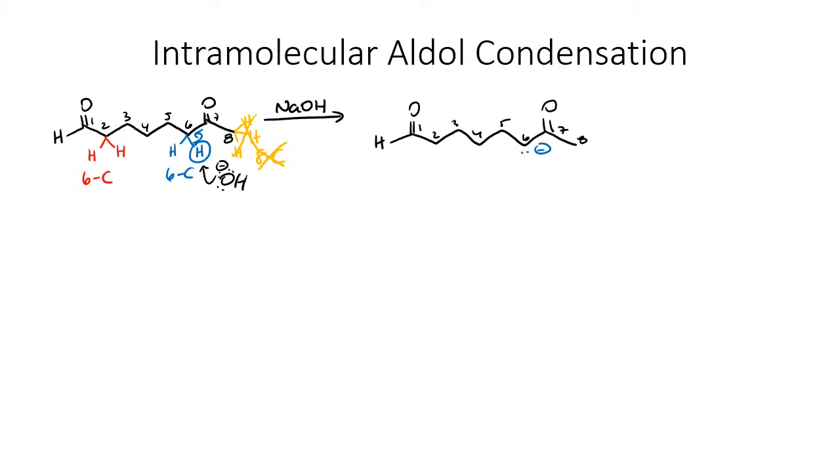Now we have the enolate on carbon 6. Those electrons will come over and attack the carbonyl carbon number 1, giving the electrons to the oxygen.